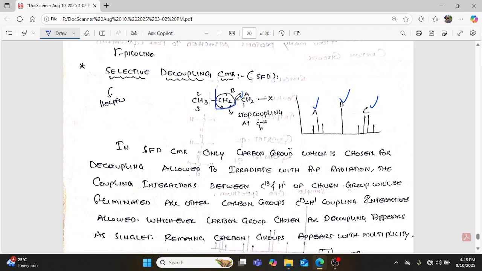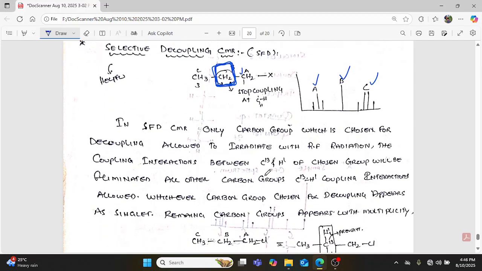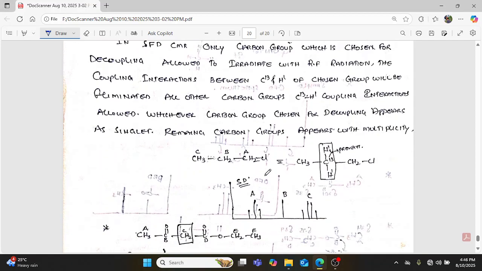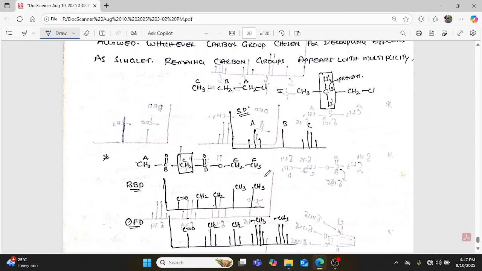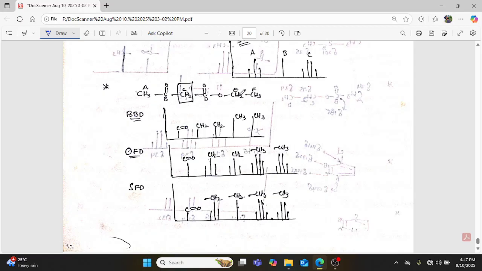That means what we are doing here is applying decoupling. For a selected carbon, if you apply decoupling, the technique is called the selective decoupling technique. The selected carbon will appear as a singlet in the spectrum. See this example.